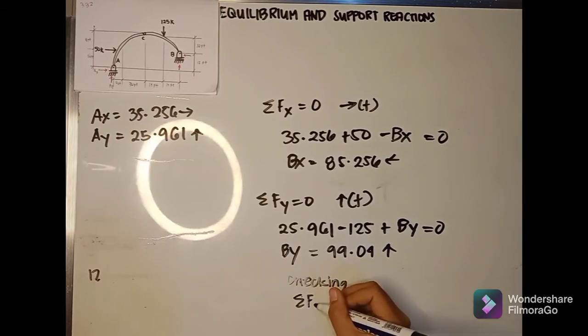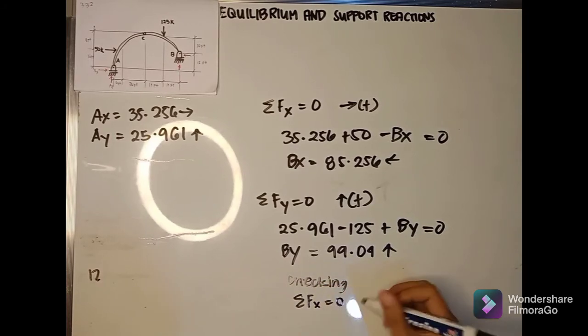Now for our checking, summation of horizontal forces must be equal to 0.